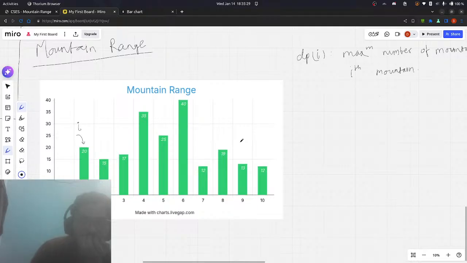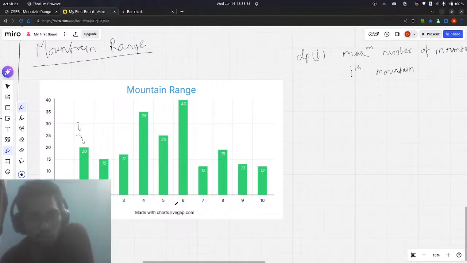Oh, okay. We can do it in a way that, for each mountain, what do we want? We want to go to the next highest mountain in both the directions, right? So how do we do that?